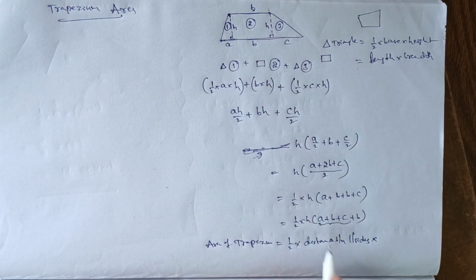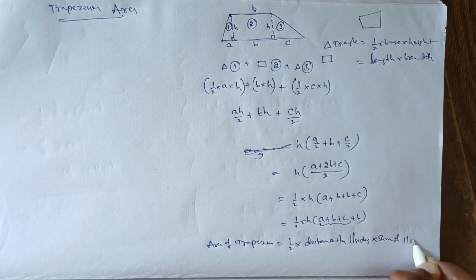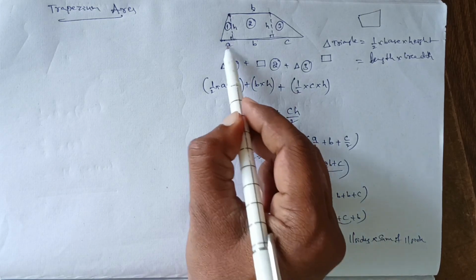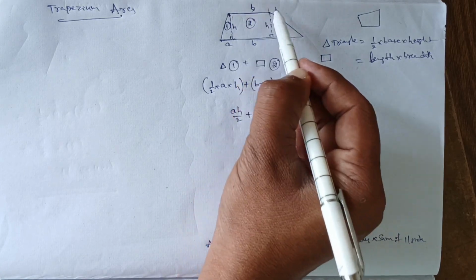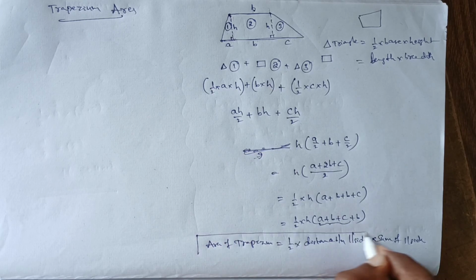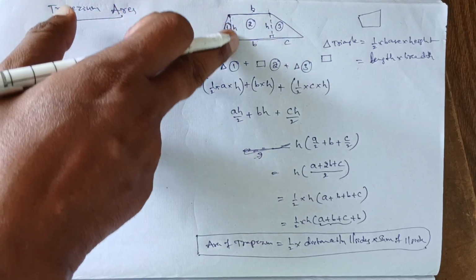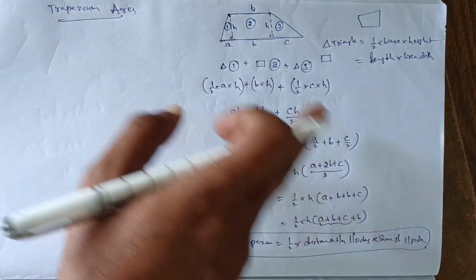That means it is the sum of the parallel sides. See, a plus b plus c is one side and b is another parallel side. So now this is the formula for the area of the trapezium: half into the distance between two parallel sides into the sum of the parallel sides.